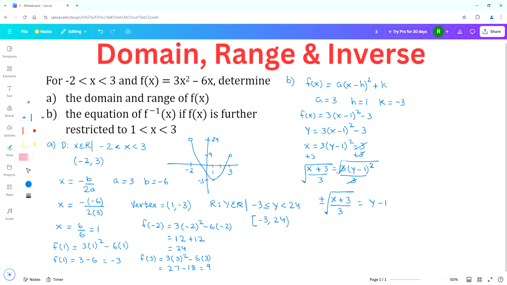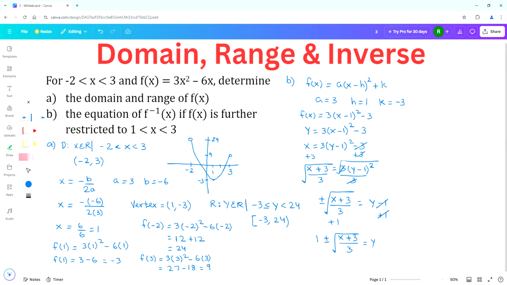Next, we can add 1 to both sides. This is the inverse of f(x).